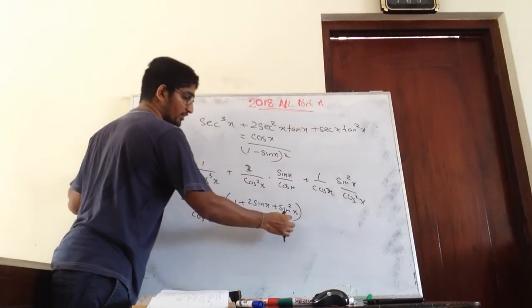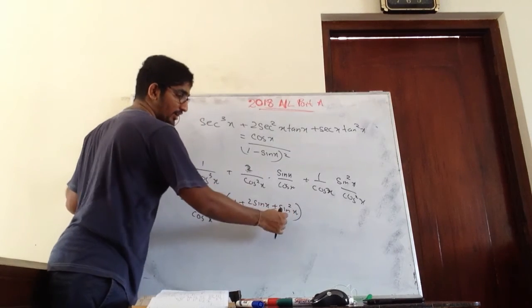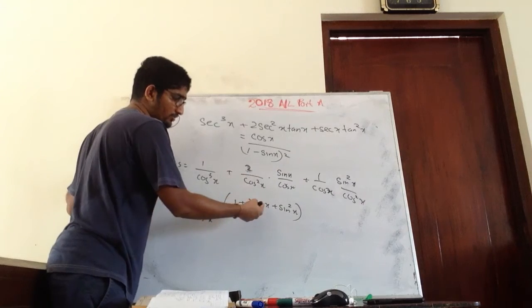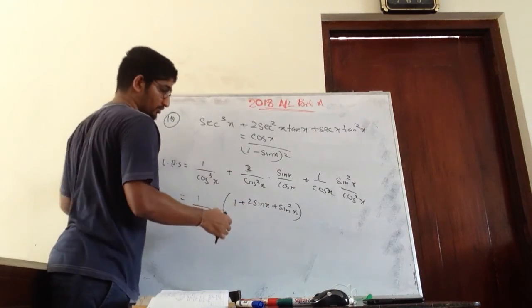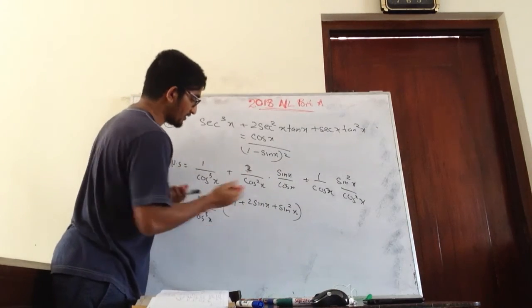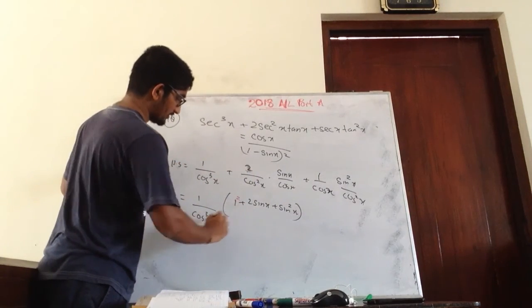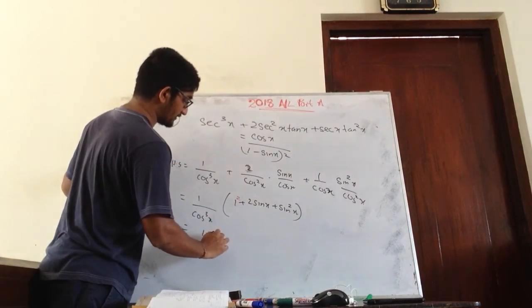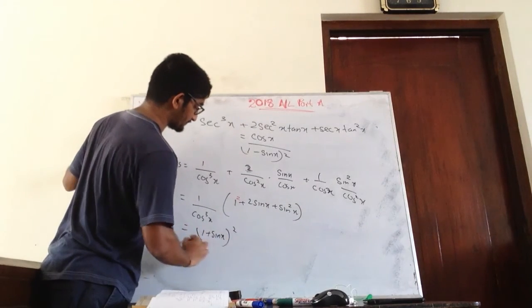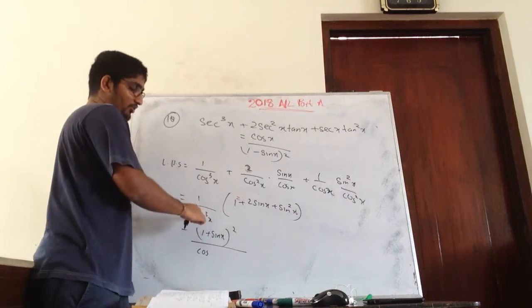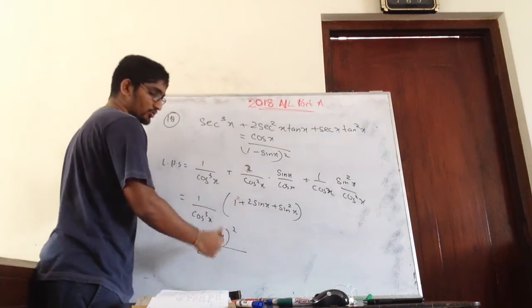Correct? So this is sin x plus 1 squared, or there's 2 times sin x times 1. So this is basically like 1 squared. So I will get (1 plus sin x) squared over cos x into cos squared x.